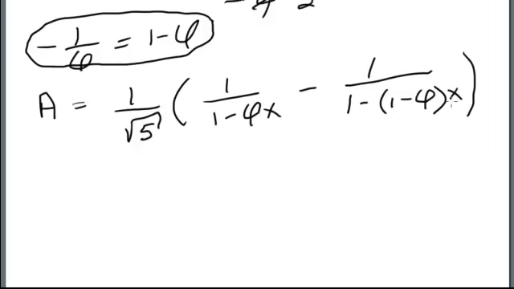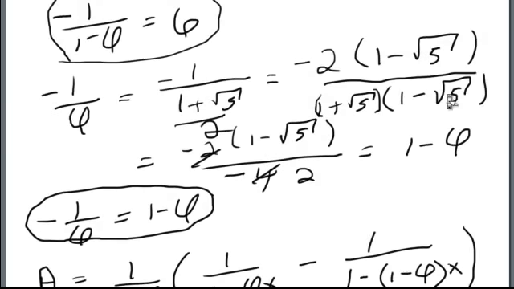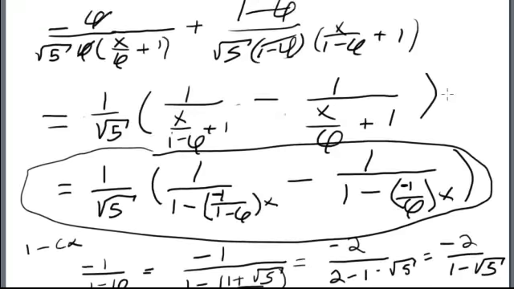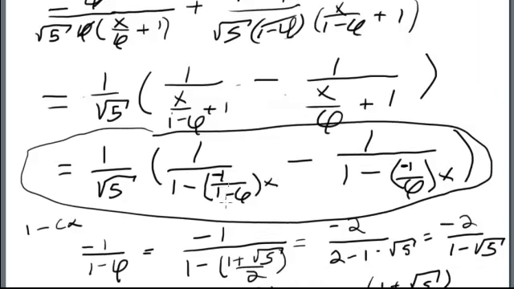Let me double check that real quick. Okay, so negative 1 over phi is 1 minus phi, and negative 1 over 1 minus phi is just phi. That checks out.